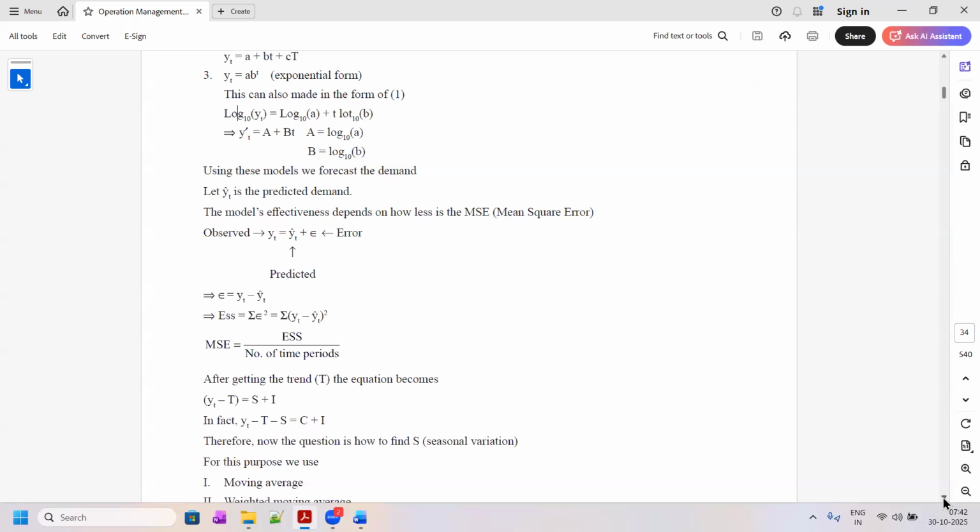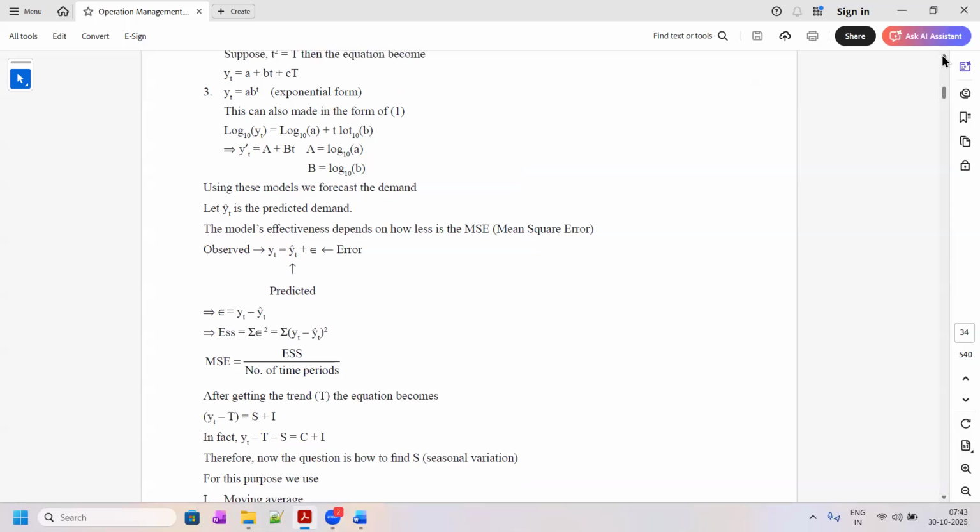Time series analysis is helping us understand how demand or supply is changing over time, and there we are trying to find the trend. We study the relationship of the trend, either linear or parabolic.